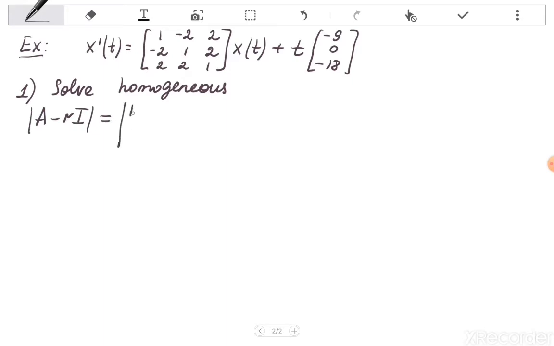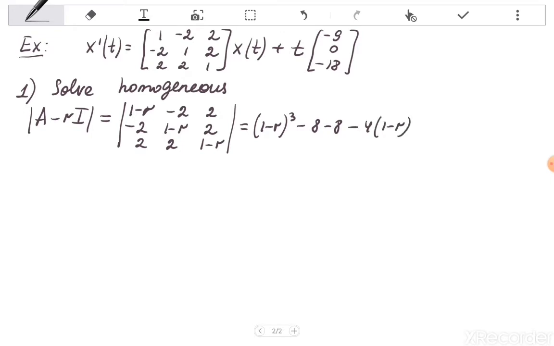So this is the determinant with rows 1 minus r, minus 2, 2; minus 2, 1 minus r, 2; 2, 2, 1 minus r, and this is 1 minus r cubed minus 8 minus 4, 1 minus r, and I think there are 3 such things.